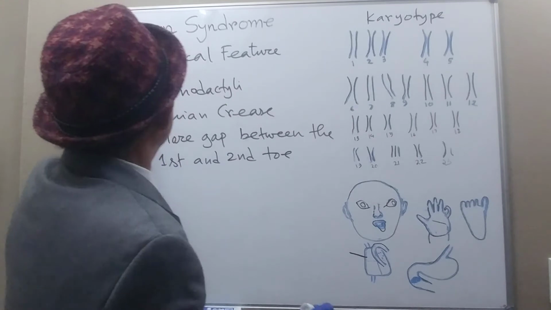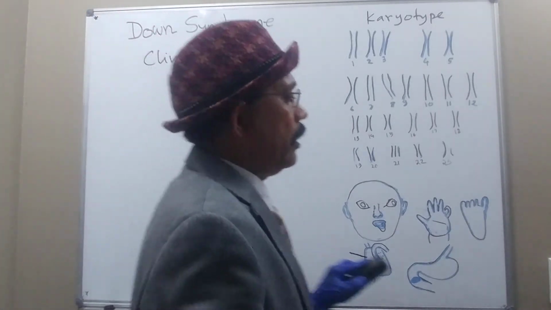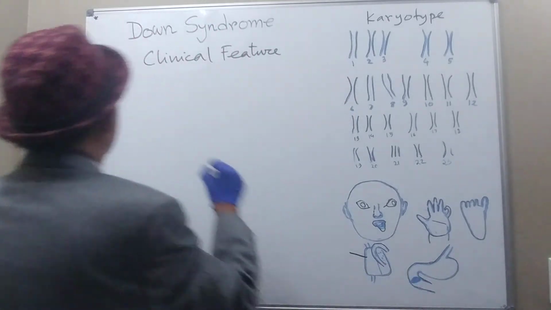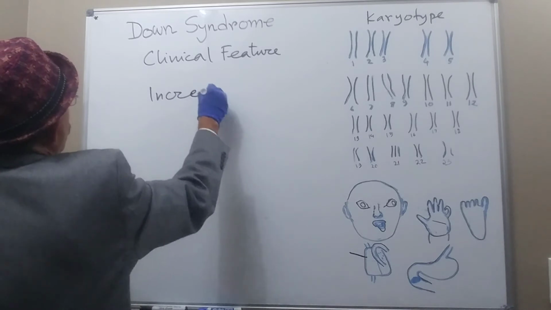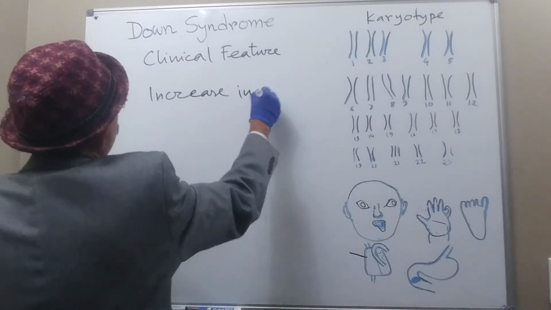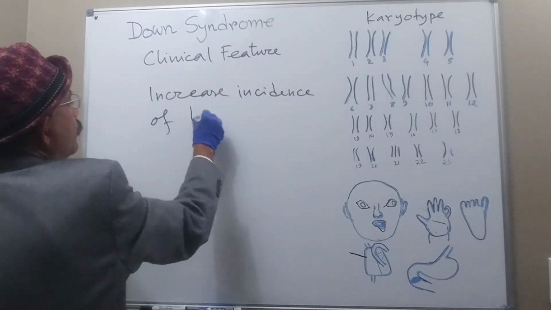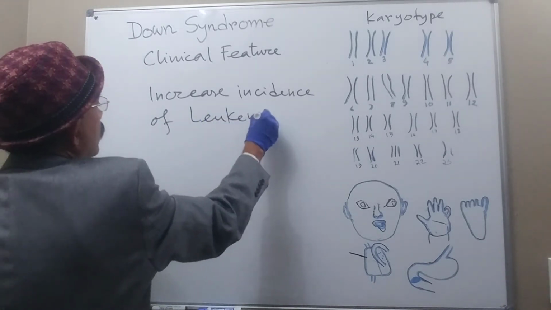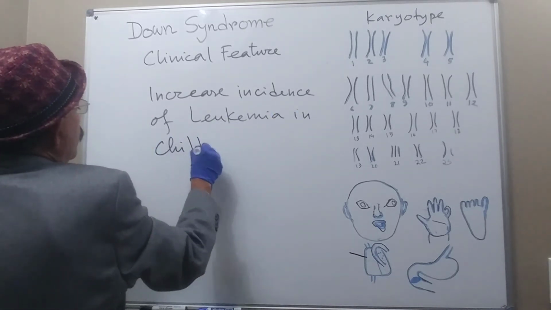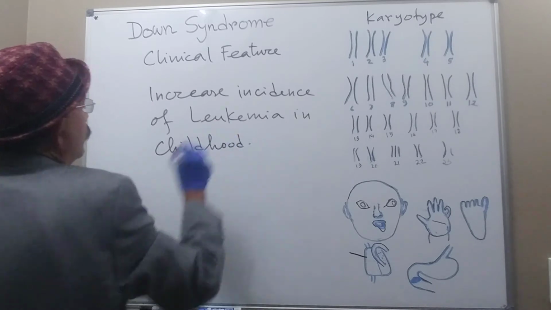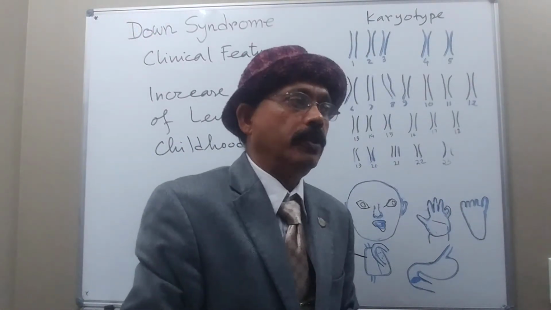Now if we go to the bone marrow, there is an increased incidence of leukemia in childhood. That is very common in a patient of Down syndrome.